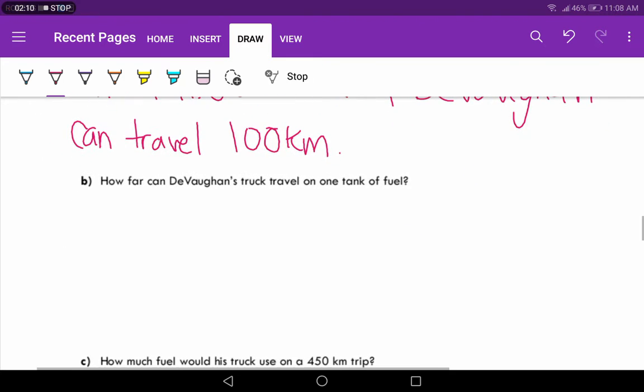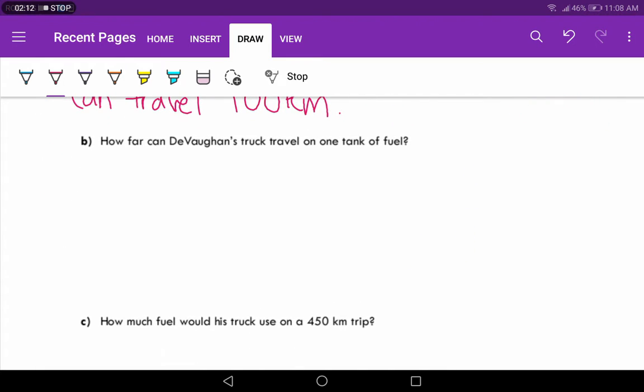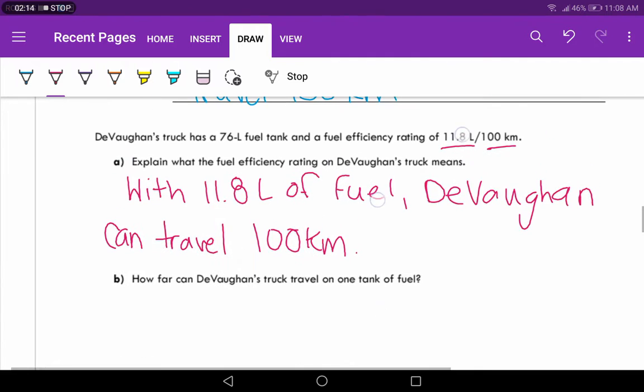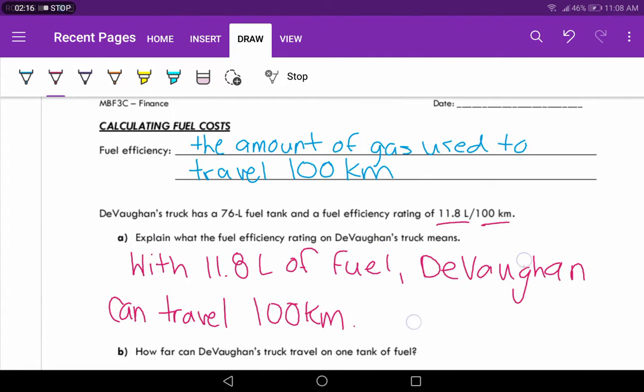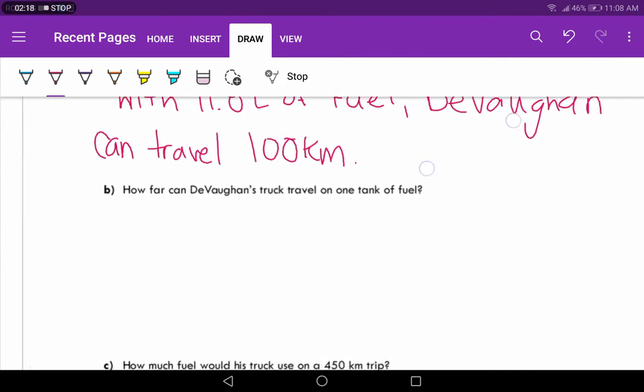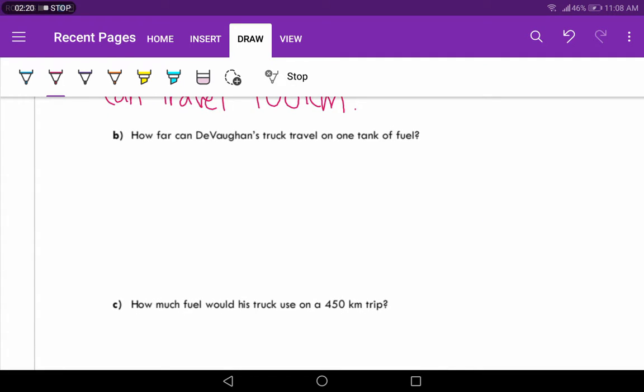So part B says, how far can Devon's truck travel on one tank of fuel? So if we look back here, it told us that he has a 76-liter fuel tank. So how we're going to set this up is as kind of fractions. So we know that with 11.8 liters of gas, he can travel 100 kilometers.